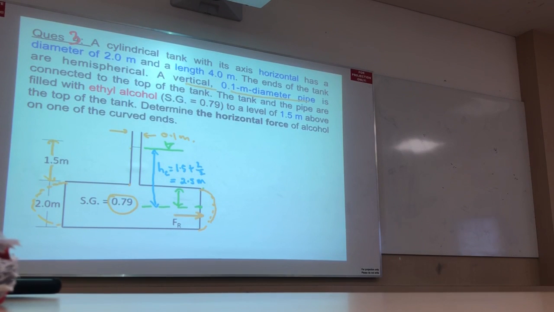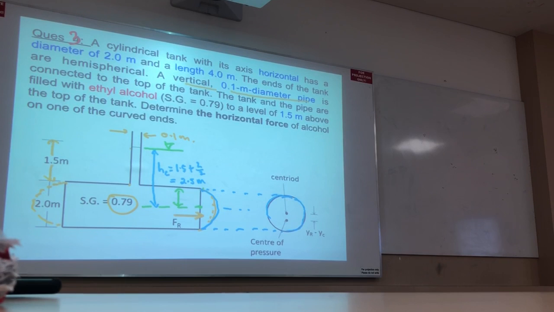Now the question is, what is the value of FR? FR is very easy for me now, nothing new. This is looking hemispherical, something like this. The cross-sectional area of this portion is something like this.